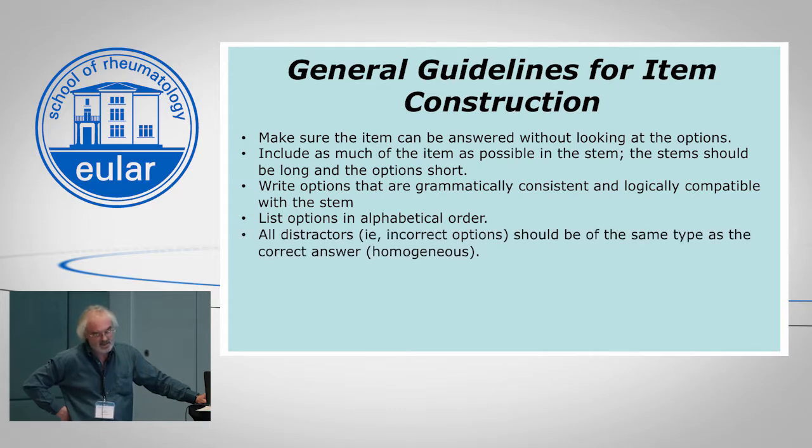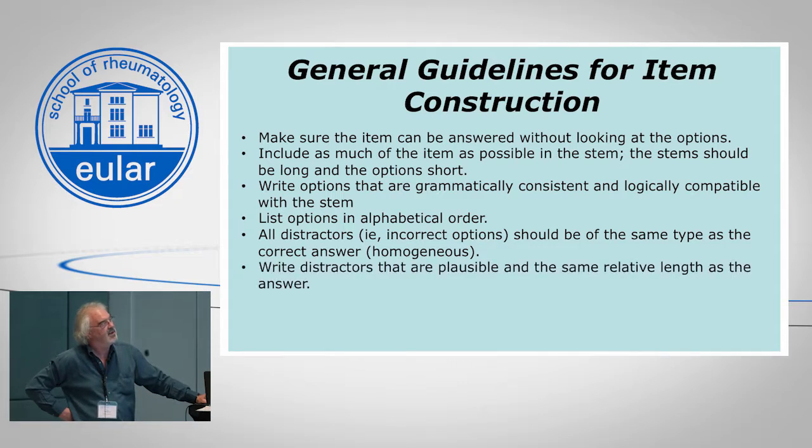The distractors, as I've said to you before, the incorrect options, should be of the same type as the correct answer, so they should be homogeneous as opposed to heterogeneous. They should be roughly the same length, instead of having a very long answer option and some very short ones, because people will start to think that one of them is more correct.